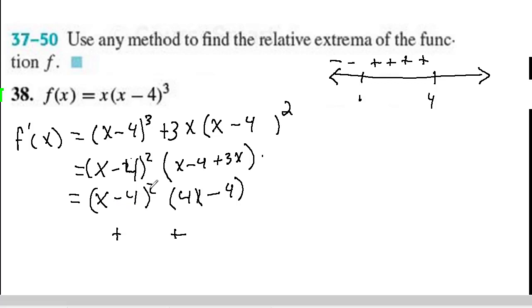But the whole thing didn't change because you're going to square it. It's still going to be positive. It used to be positive, it still is positive. So again, these sign charts don't just change. And so again, we have a relative min at x equals 1 and no relative max.